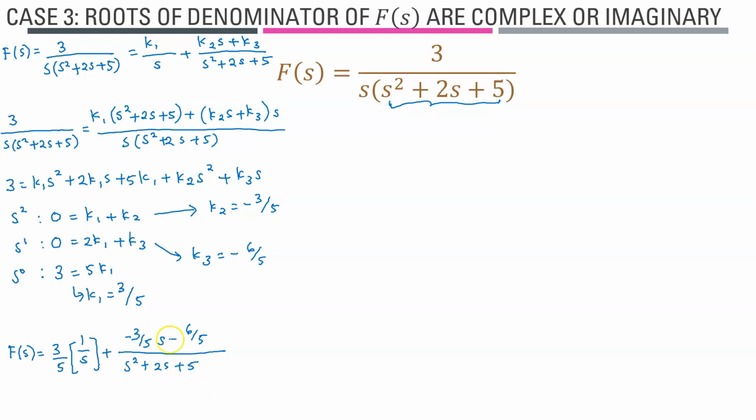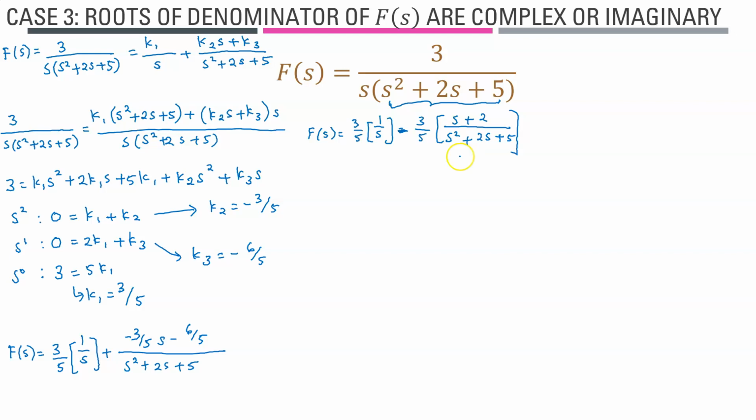This can be simplified, so you get F(s) equals 3 over 5 over s, minus 3 over 5 times (s plus 2) over (s squared plus 2s plus 5).